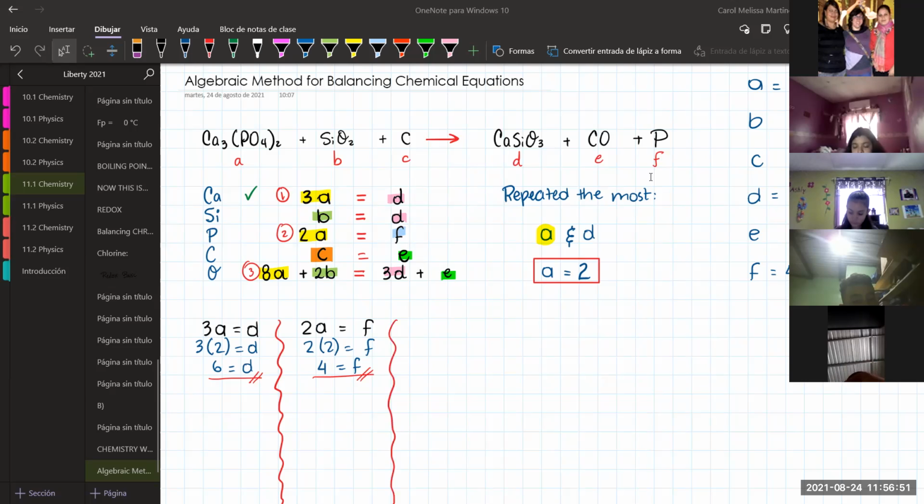Now my other equation that I have is the number 3. The one that says 8A plus 2B equals 3D plus E. I know the value of A, I know the value of D, okay?